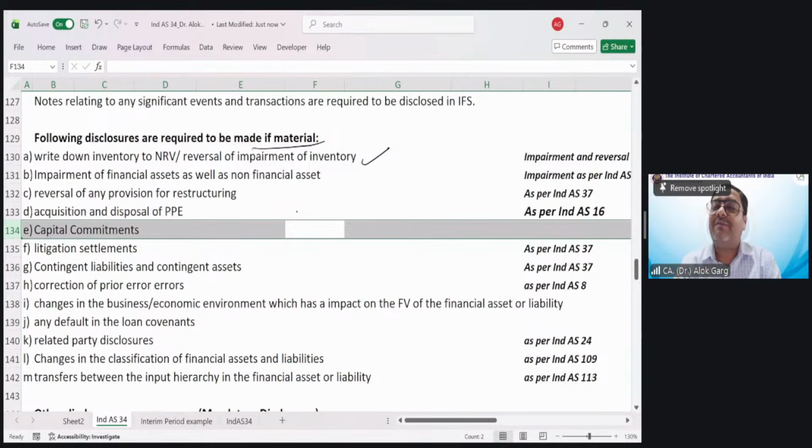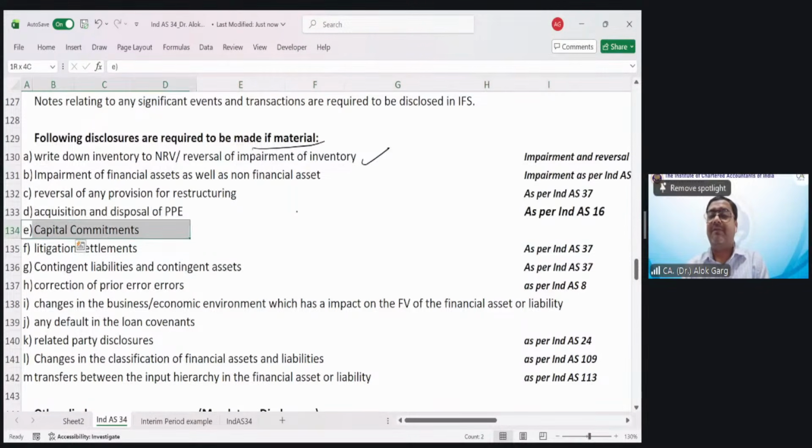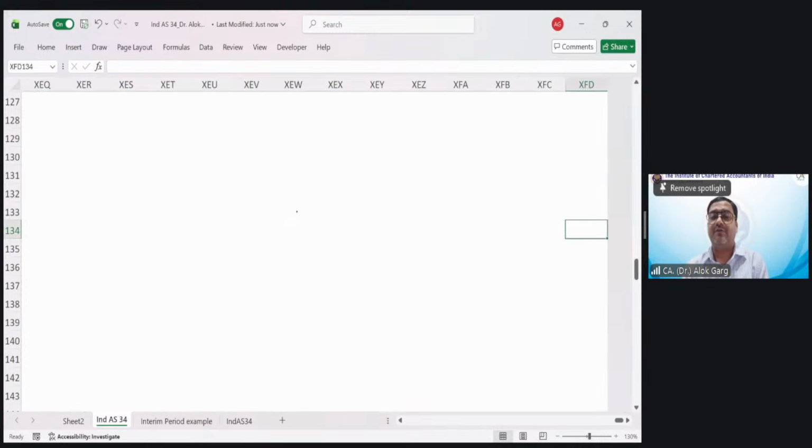Only one aircraft has been delivered. 19 aircraft have not yet been delivered. So the value relating to 19 aircraft will come into the capital commitment. Right. So purchase of capital items. If there is any capital commitment which is material in nature, it is required to be disclosed.